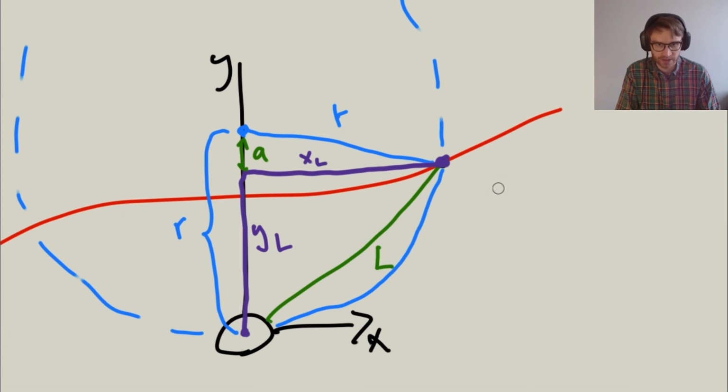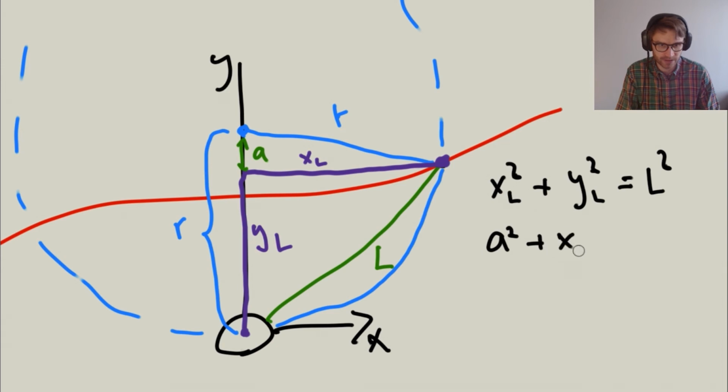We had XL to the power of 2 plus YL to the power of 2 equals L to the power of 2. Then we have A to the power of 2 plus XL to the power of 2 equals R to the power of 2.